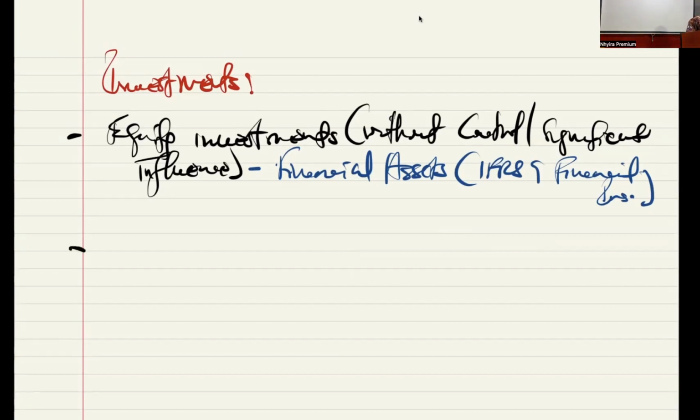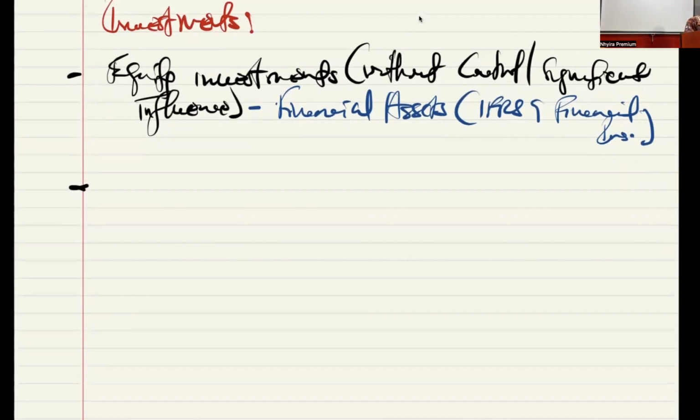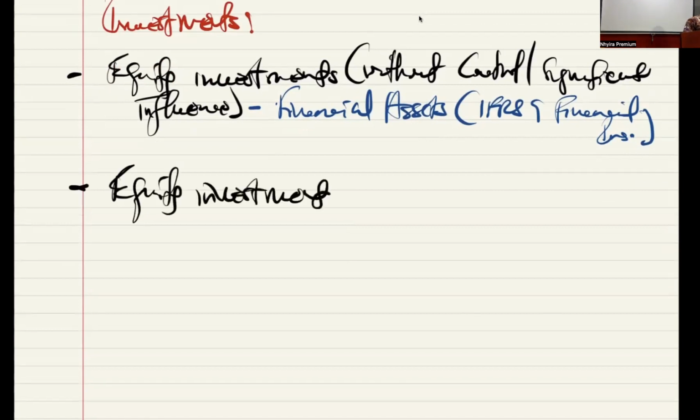The second level is where the business wants to make some serious investments. So the entity can, on a second level, make an equity investment, but this time the entity would want to gain what we call significant influence.